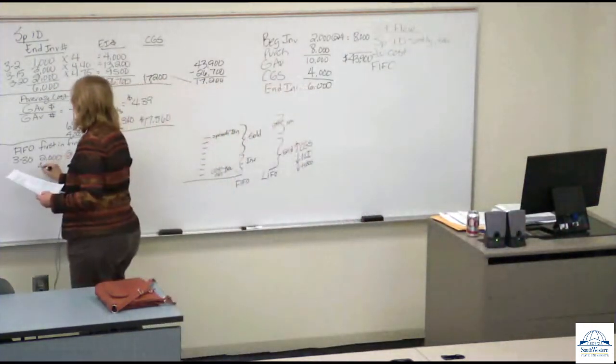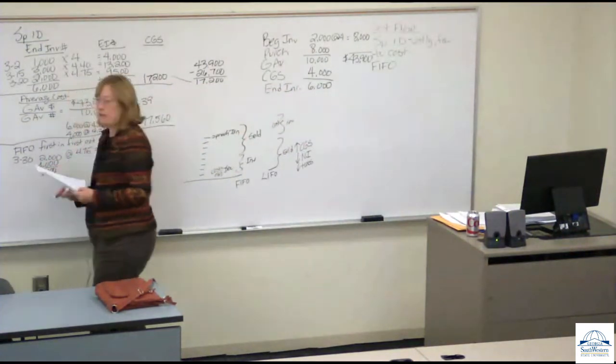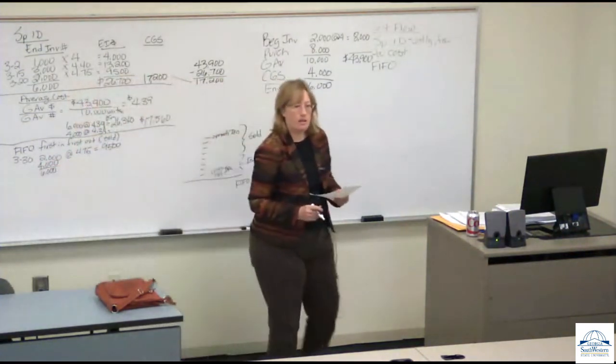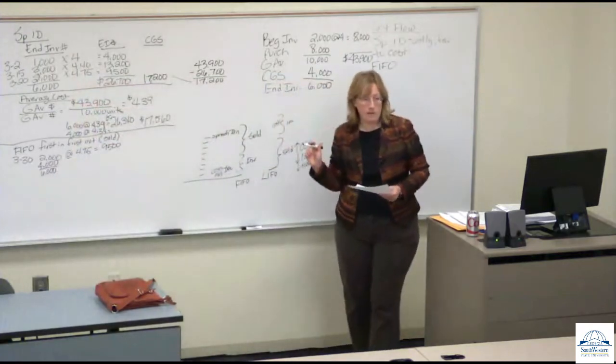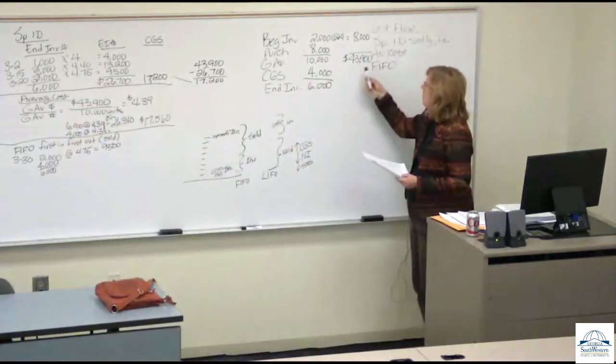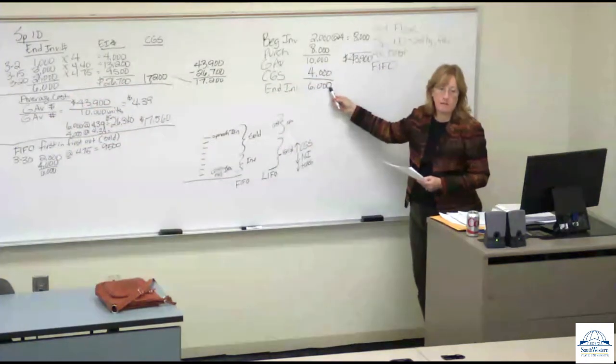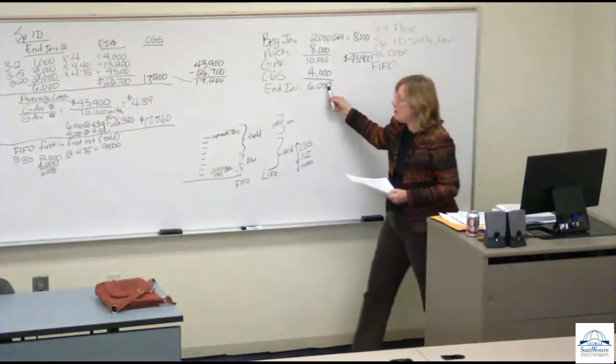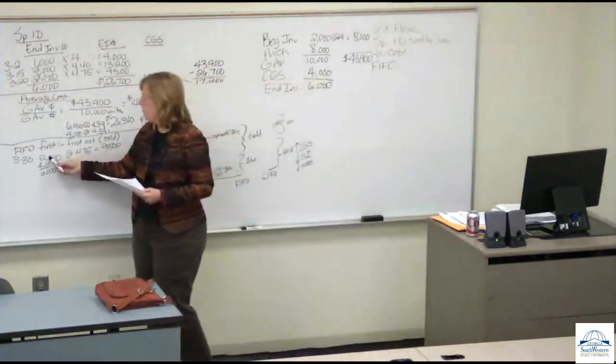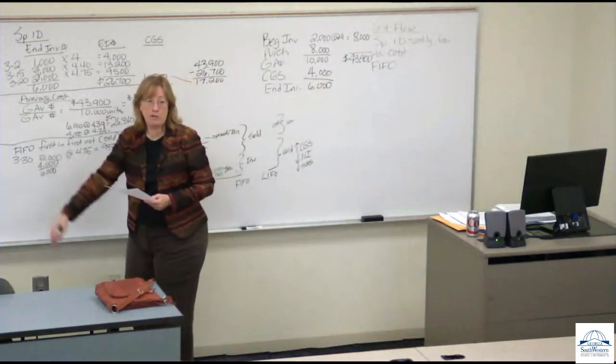We need 4,000 because we had a total of 6,000 in ending inventory. So we used 2,000 from March 30th, the most recent.